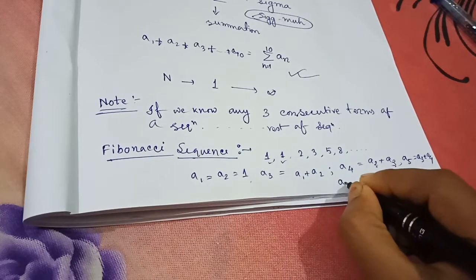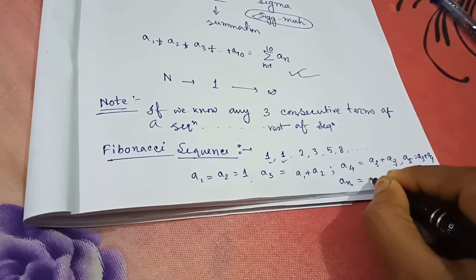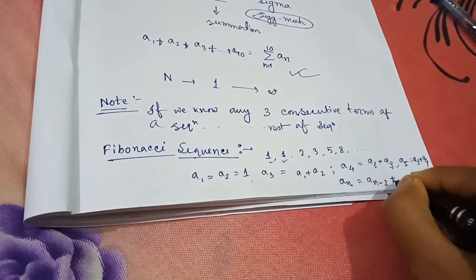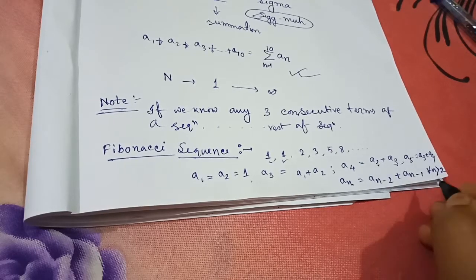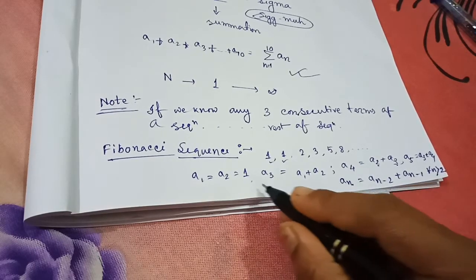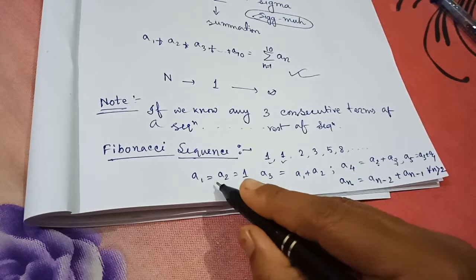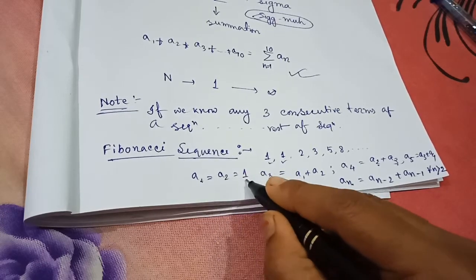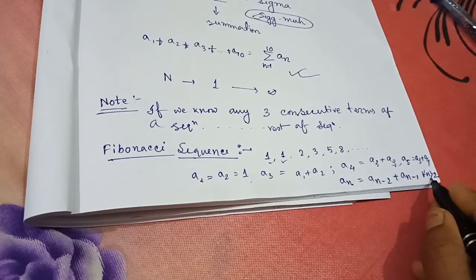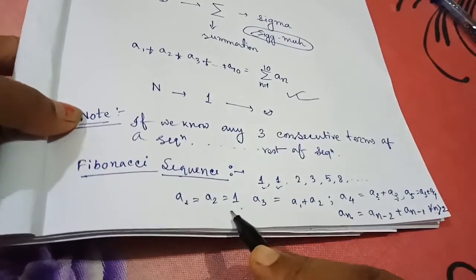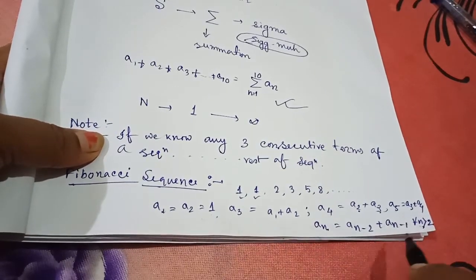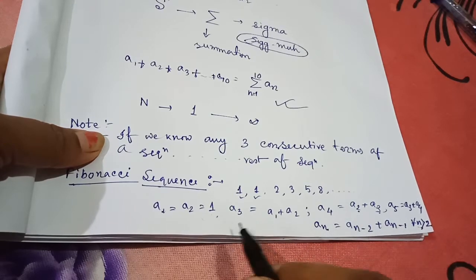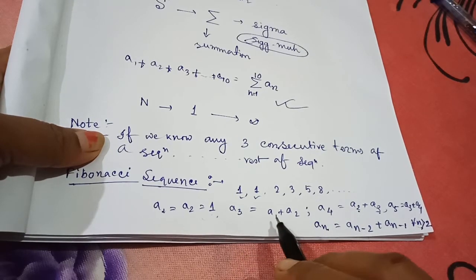So finally we can say that a_n equals a_(n-2) plus a_(n-1) for all n greater than 2, because up to n equals 2, its value is 1. For a1 and a2 it's 1, but after n equals 2, we get a3 equals a1 plus a2.